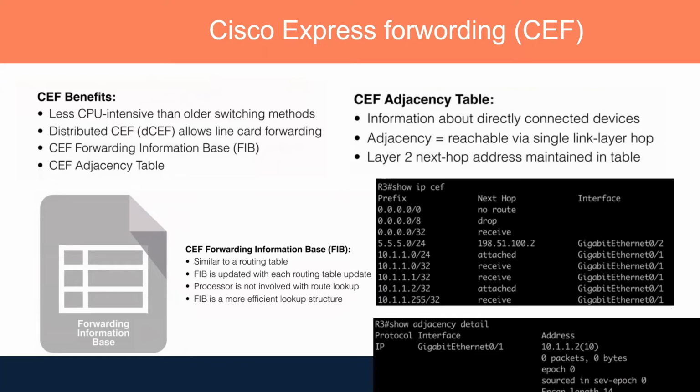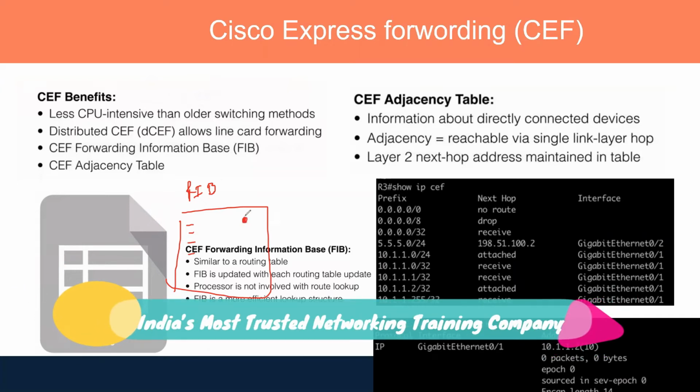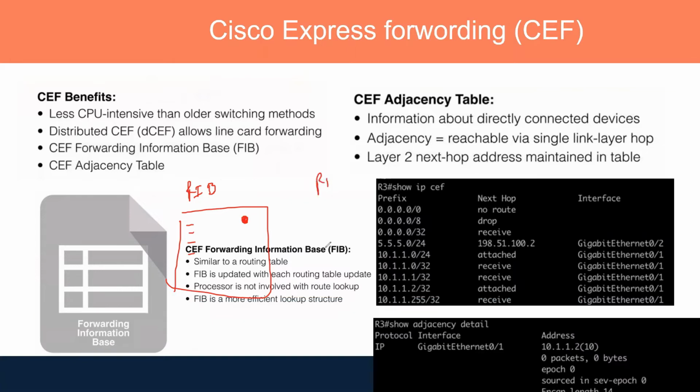Let's say there is a system which is trying to send the data based on the RIB information. In the RIB, it knows that for XYZ destination the next hop is this one, but it doesn't know where this next hop would be. It could be on R1, R2, or R3 router.